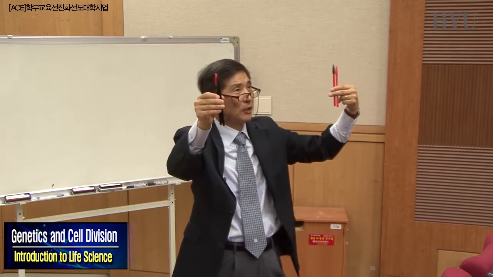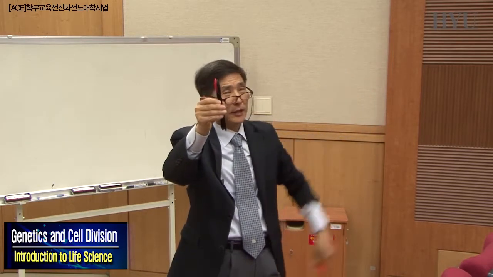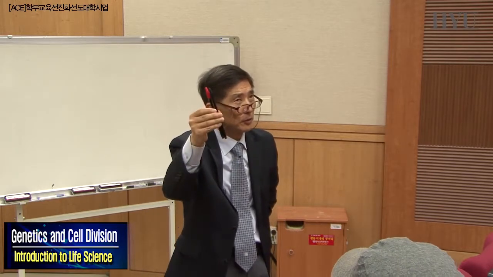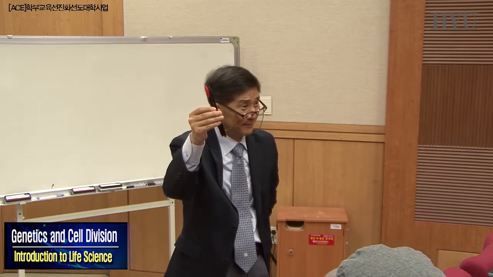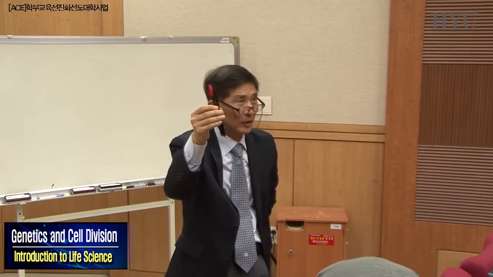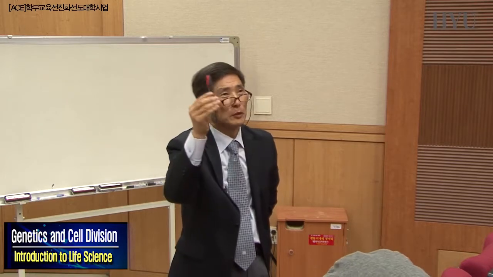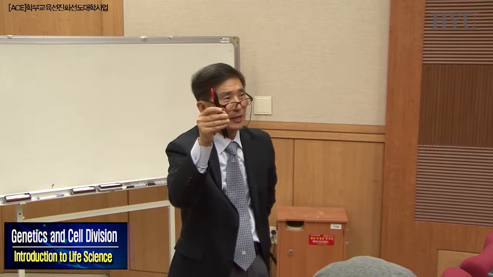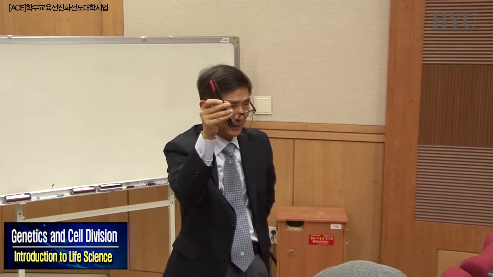This is meiosis 1. At the end of meiosis 1, is it haploid? Is it diploid? You have 2, but you have 1 set. You have 1 set of chromosomes. That's haploid, 1 kind.